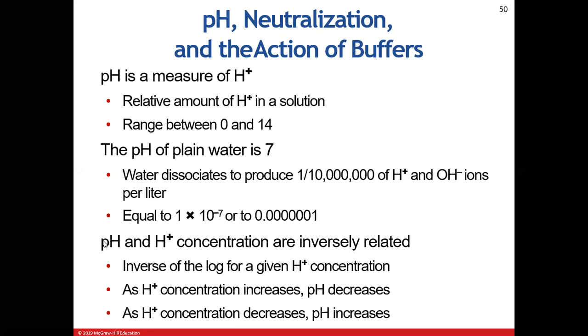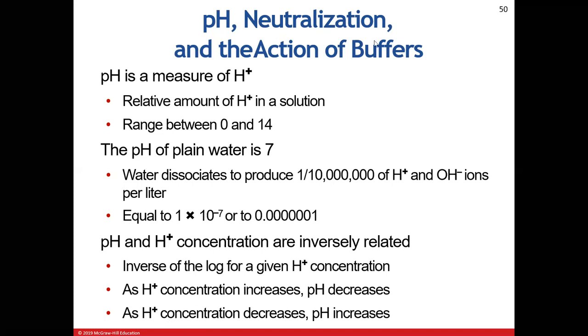And so the pH and the hydronium concentration are inversely related. It's the inverse of the log for a given hydronium ion concentration. So what we see is, as the hydronium ion concentration increases, the pH decreases. And as the hydronium ion concentration decreases, the pH increases.